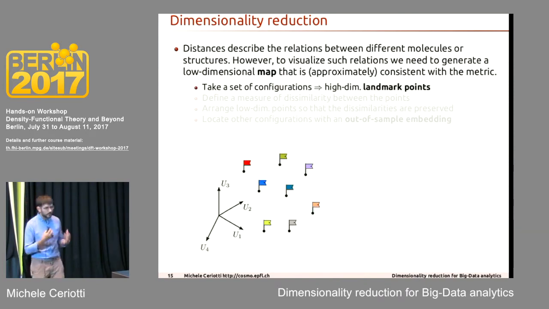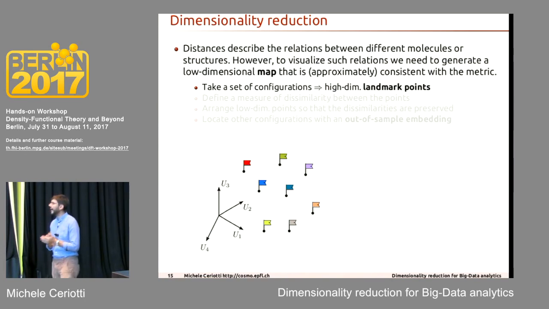Now, the problem is that each structure, even if represented at this simplified level, consists of 24 angles. So it's basically described by a vector of 24 numbers, furthermore living in a horribly complicated non-Euclidean space, because these are angles, so the geometry of the space is basically a hypertorus.